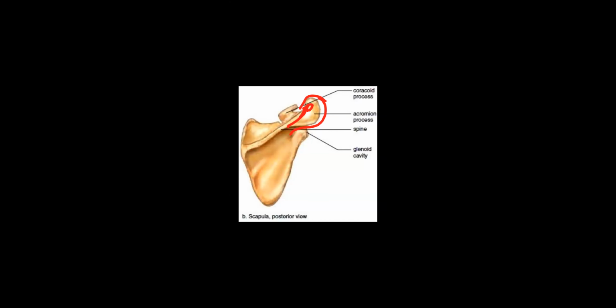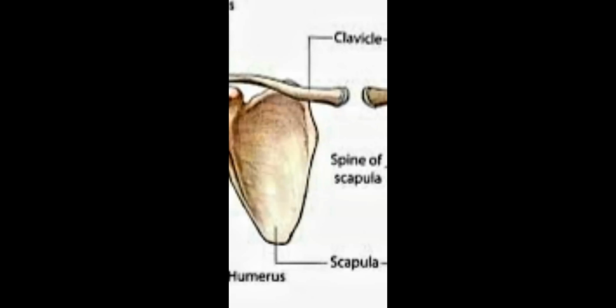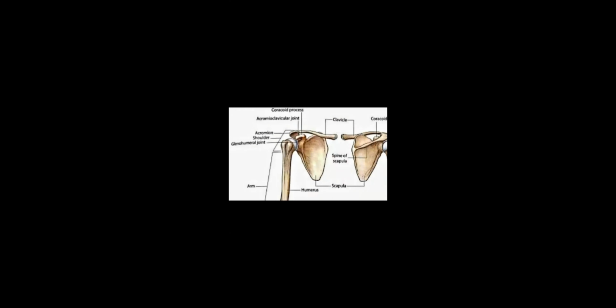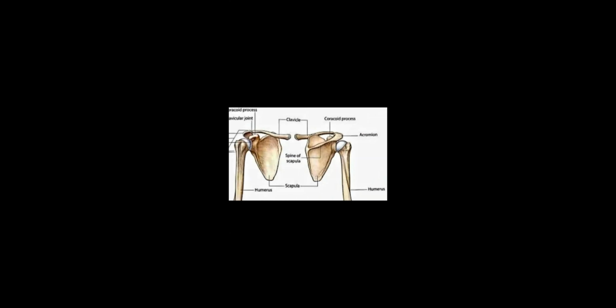This process which is extended out from the spine outward, यहाँ तक spine है, फिर इसमें से एक process जो arise हो रहा है, this process is called as acromion process. और वो आगे जाके, आगे means ventral side तक extend करता है, and there it is gonna meet the clavicle bone. देखिए ये आगे जाके clavicle से मिलता है. ये यहाँ से बैक व्यू है, कर्व किया और आगे जाके वो क्लेविकल बोन से मिलने वाला है.